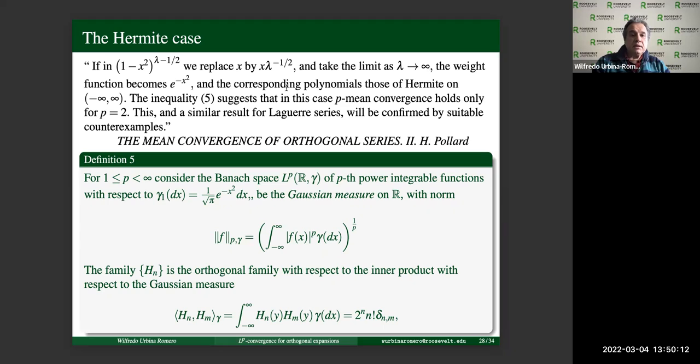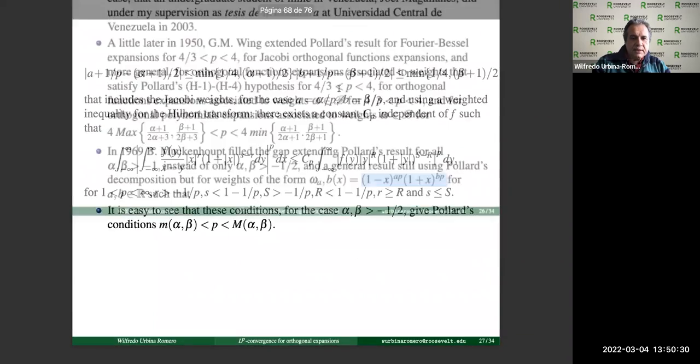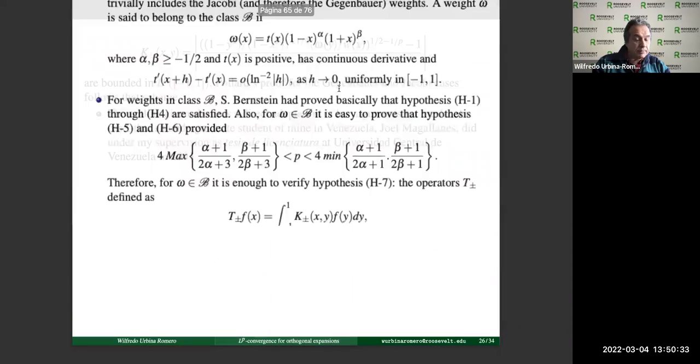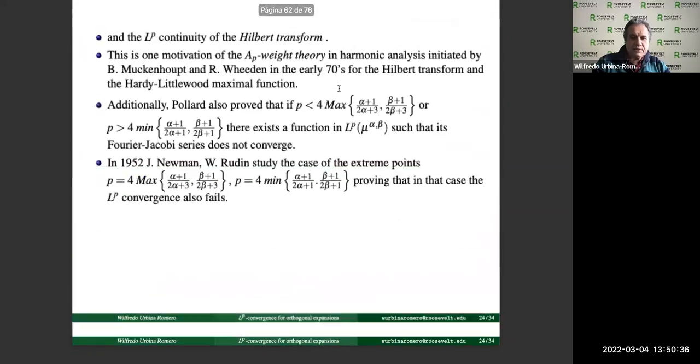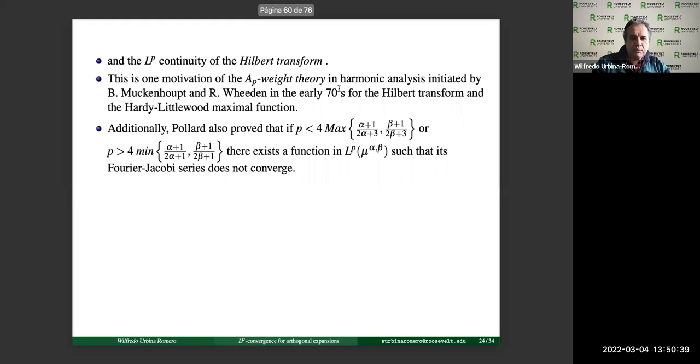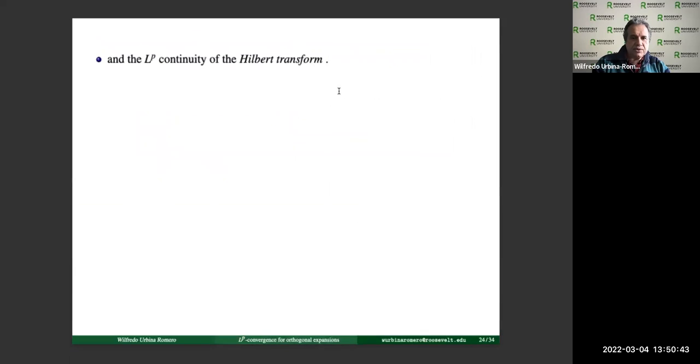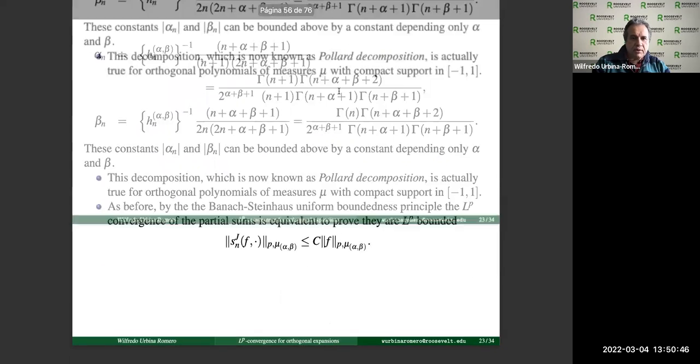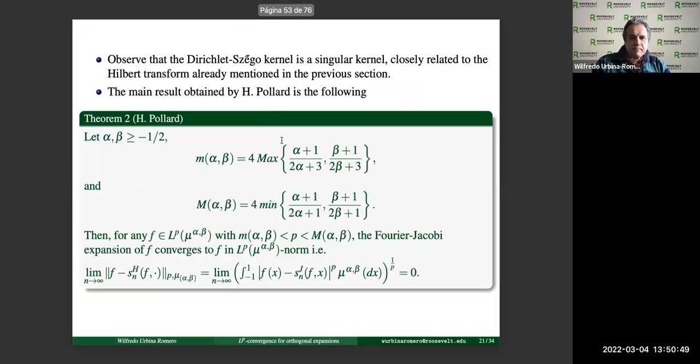And yes, then it can be proved that the corresponding polynomials are nothing but, at most, a multiple of the Hermite polynomials. Therefore, in the case of the Hermite-Gegenbauer polynomials, if you remember the condition in Pollard's theorem, alpha and beta are the same and equal to lambda minus 1/2.